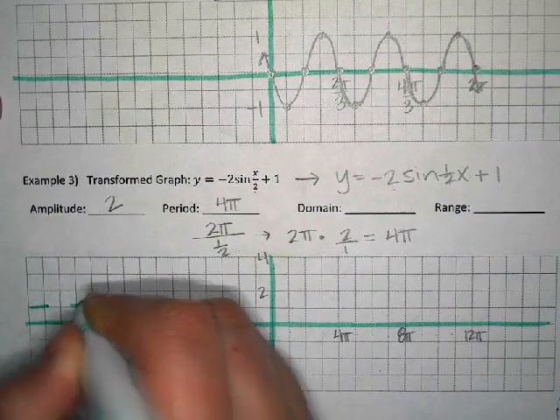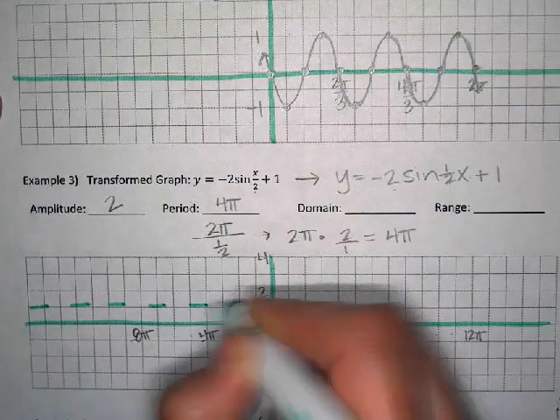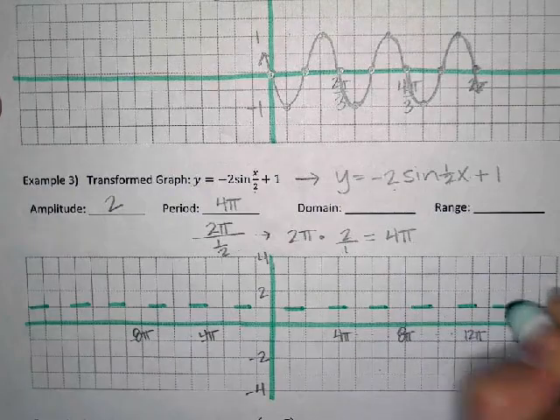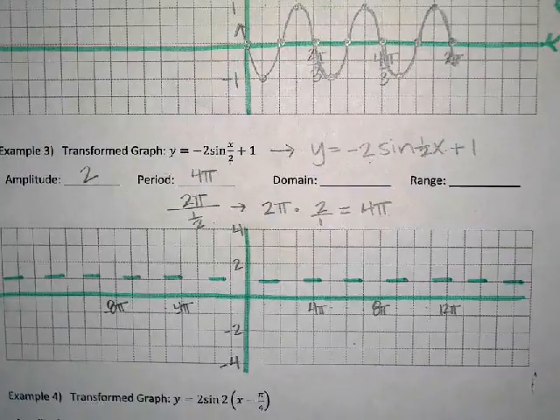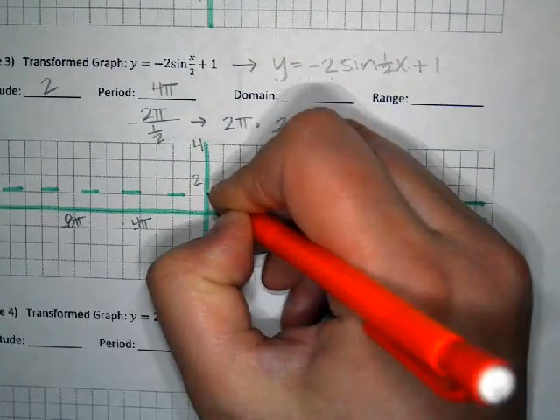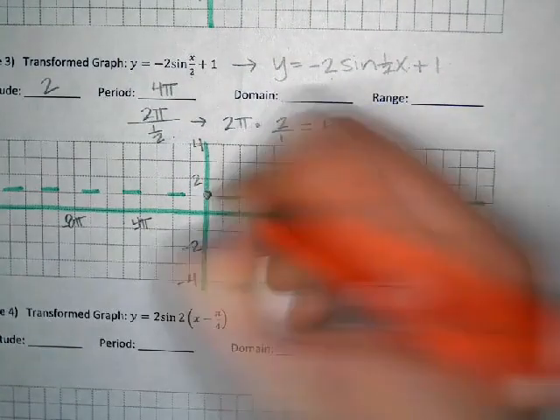And that means that this time when I draw my first points, I'm going to draw them on the midline instead of on the x-axis, because that's where the middle of my graph is. So I'm going to start by putting a dot on 0. So it starts at 0, it ends at 4 pi, and then of course I've got the middle.